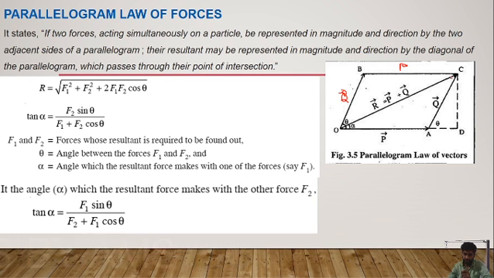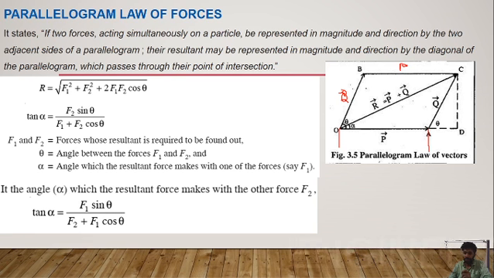Actually, there is a proof for this. Normally, it's not asked in the examination, that's why I skipped it. Anyway, if I get time, I will discuss it in detail. So just study the equation.